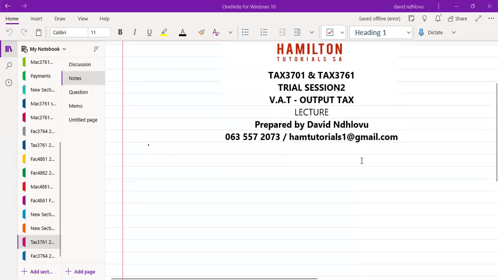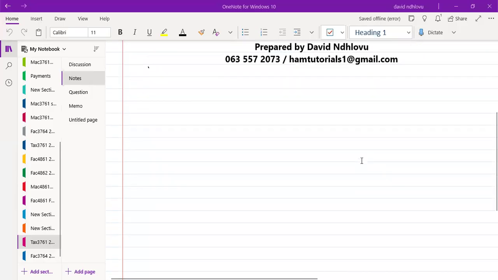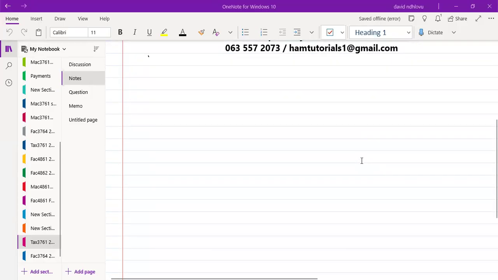Right. So our main focus for the class today is basically on what we call the input tax.